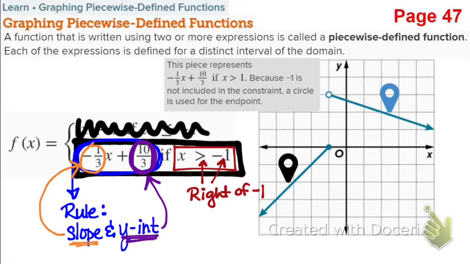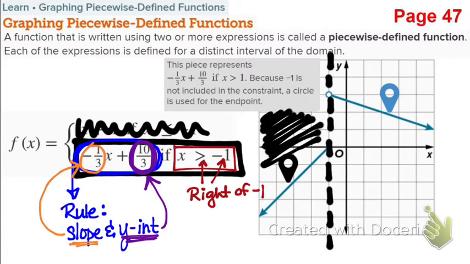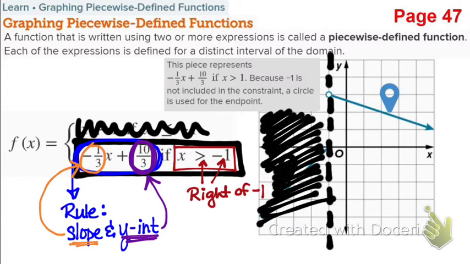Redraw my fence in here at -1. And I'm going to ignore everything that is on the left-hand side. We're only looking at the right-hand side. Is the y-axis still here?